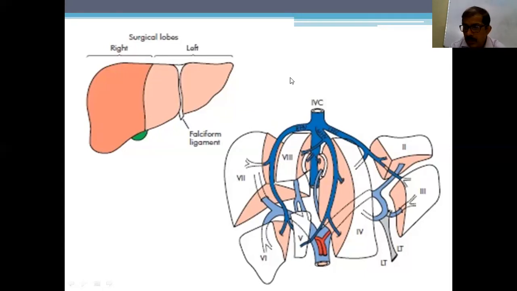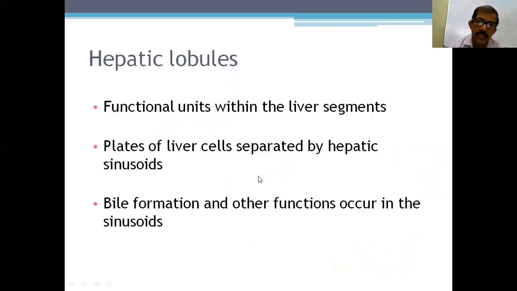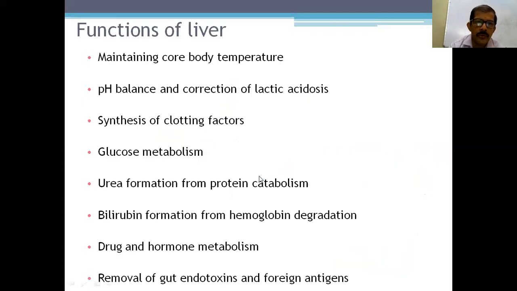Previously our commonest diagnosis for right hypochondric pain was amoebic liver abscess, or amoebic hepatitis, we used to say. So there, the sharp border of the liver will be just palpable below the right costal margin.